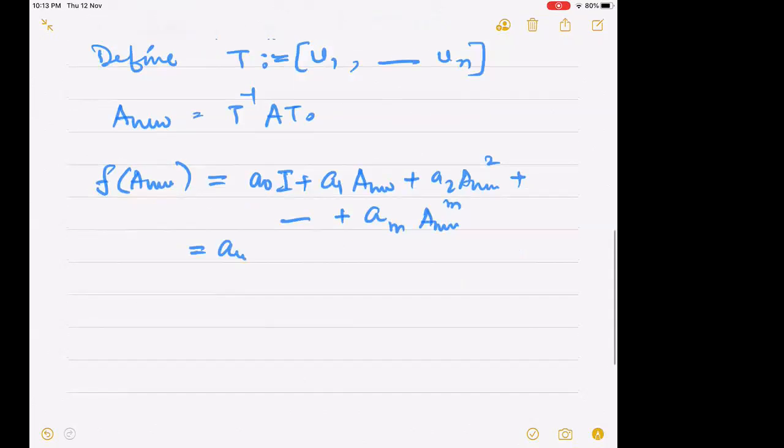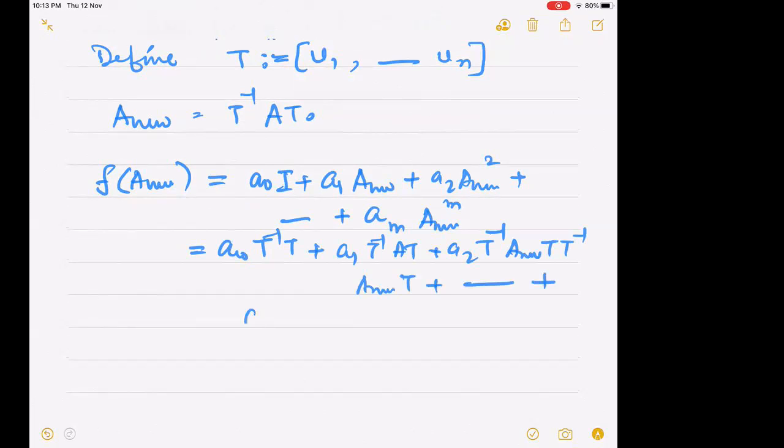I'm going to write this as a0 T inverse T plus a1 T inverse A T plus a2 T inverse A T T inverse A T plus dot dot dot plus a_m T inverse A T T inverse A T and so on up to T inverse A T, m number of times.